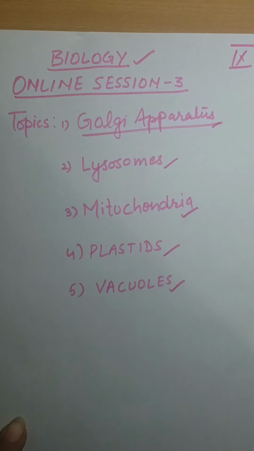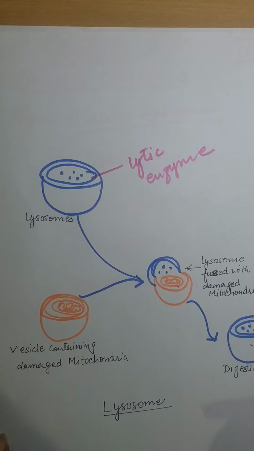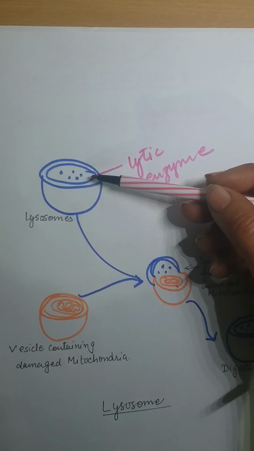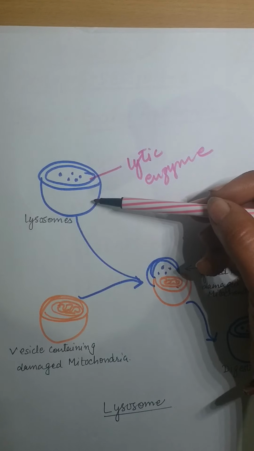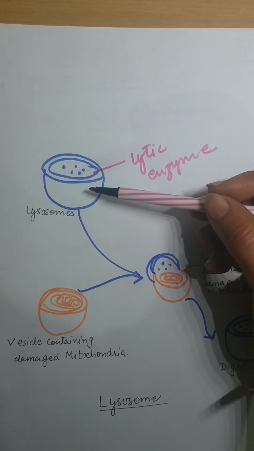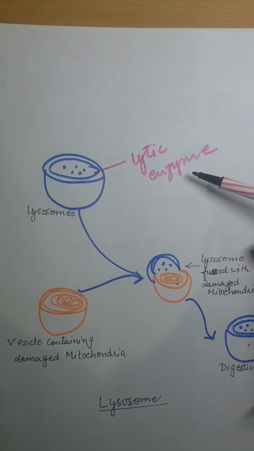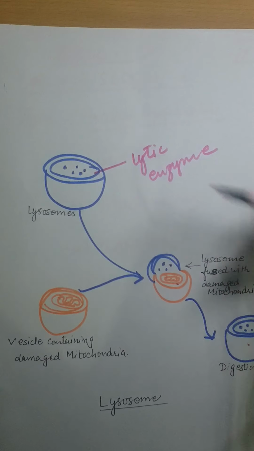What are lysosomes actually? Lysosomes are considered the waste disposal management system of the cell. How is it considered like that? Lysosomes are those pinched off vesicles which reside within the cell when they are dispatched from the Golgi apparatus, and they have lytic enzyme in them, which is a digestive enzyme.